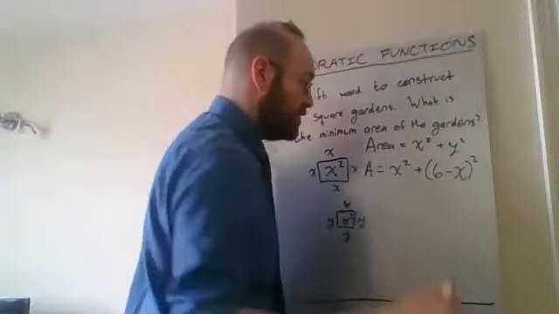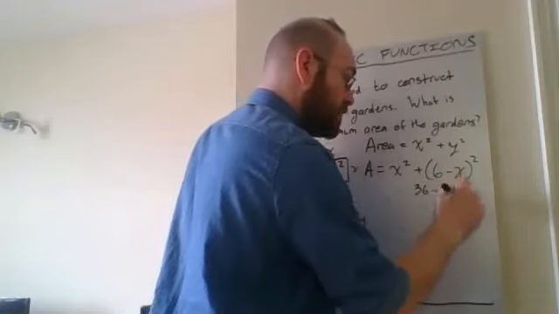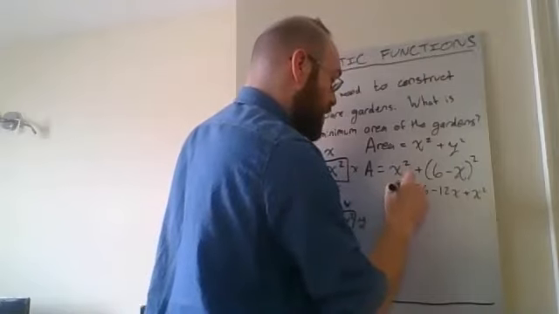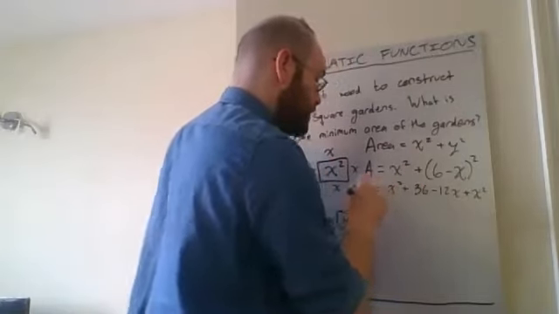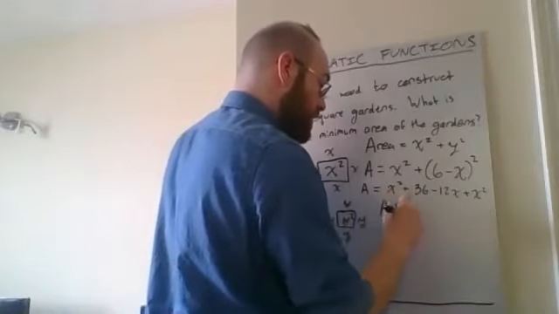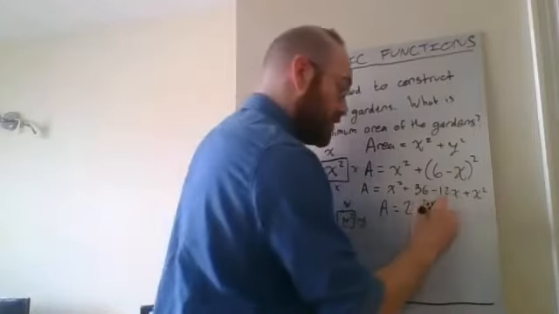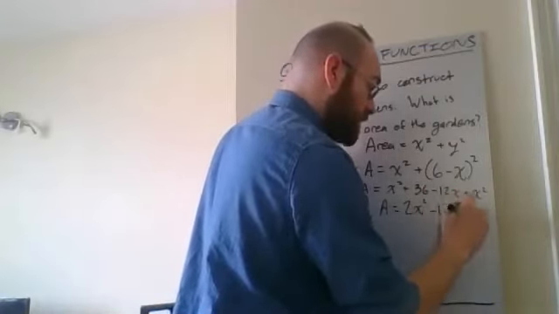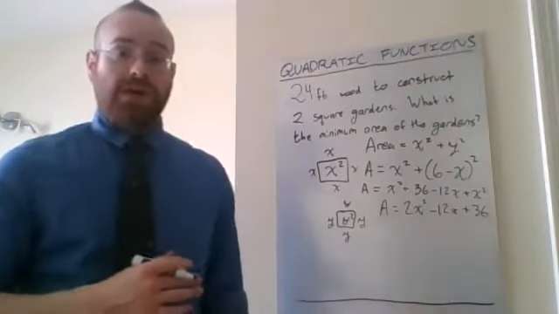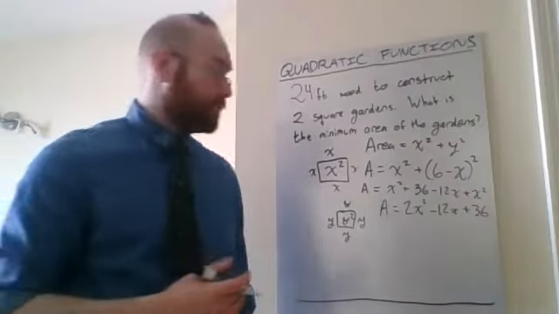So we have 36 minus 12x plus x squared. If we carry down our other x squared, we can do some combining of like terms. So our area is 2x squared minus 12x plus 36. So we have a quadratic equation, and we want to know the minimum area.